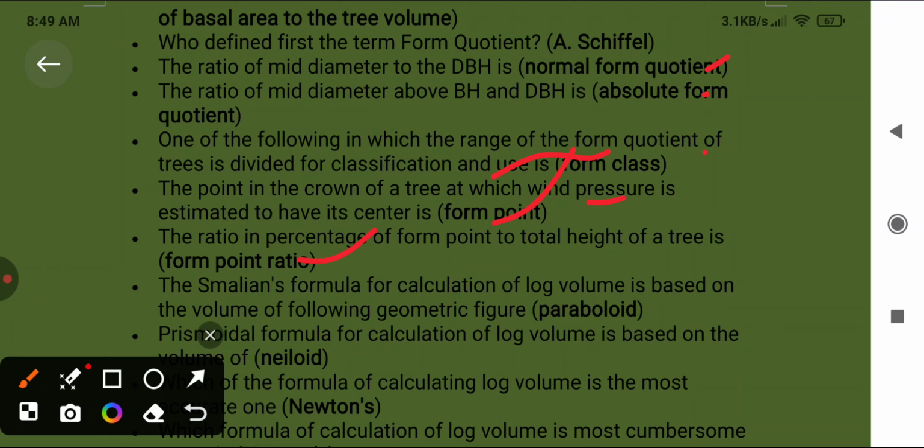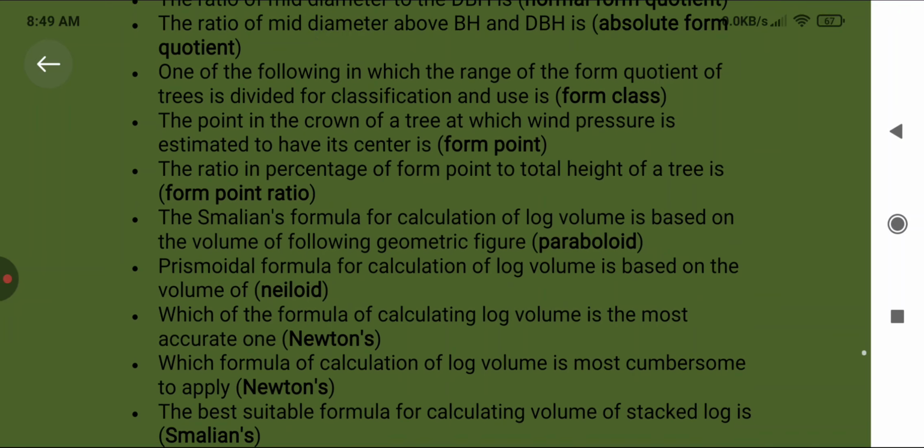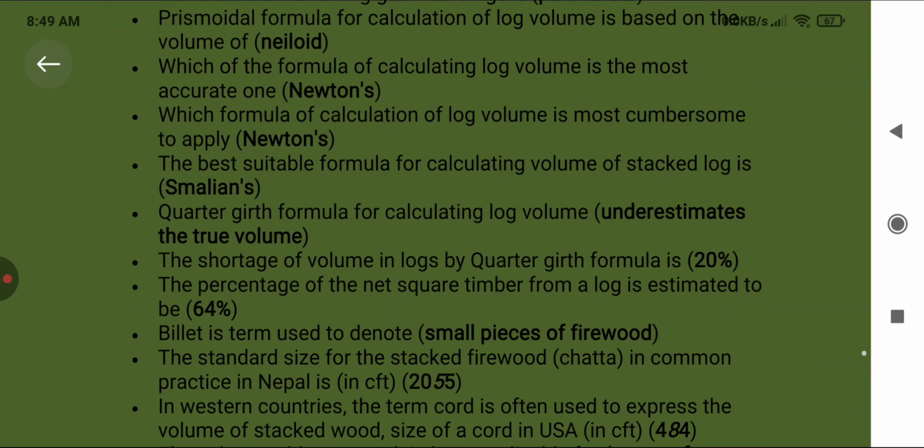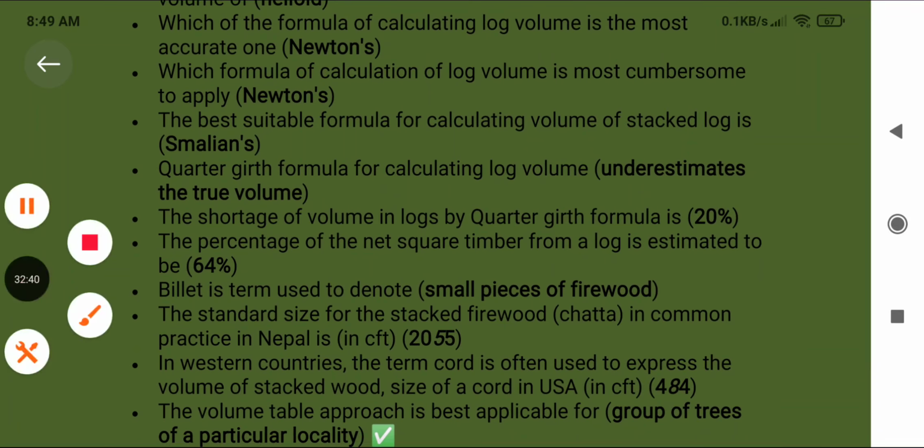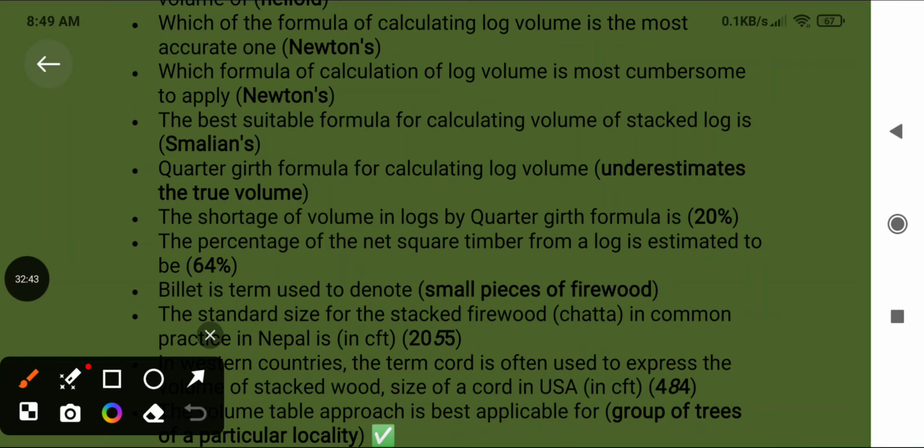The Smalian formula for calculating log volume is based on the volume of the following geometric figure: paraboloid. The prismoidal formula for calculation of log volume is based on the volume of neiloid. Which formula of calculating log volume is the most accurate? Newton's.